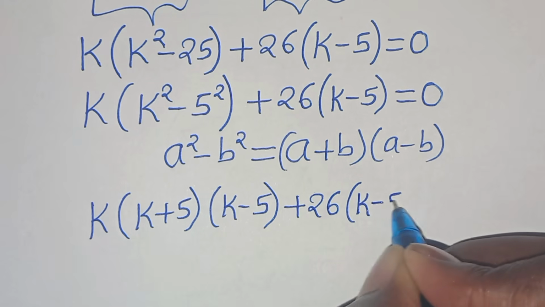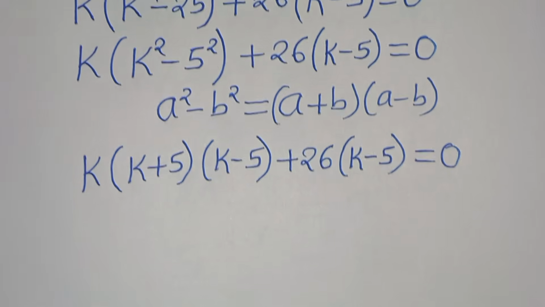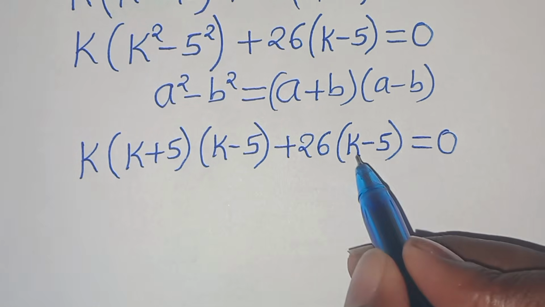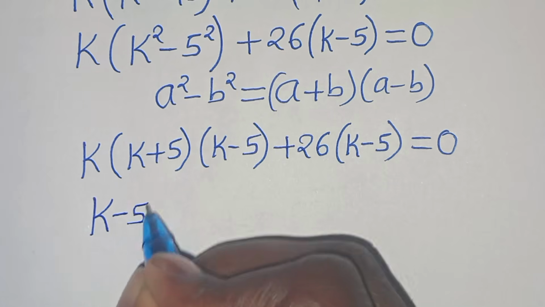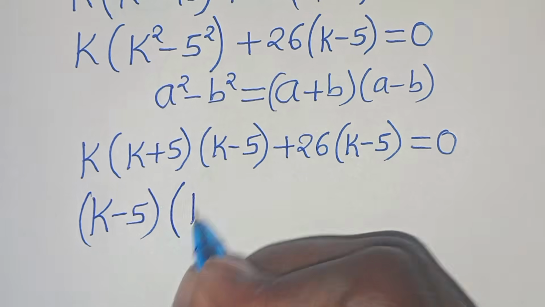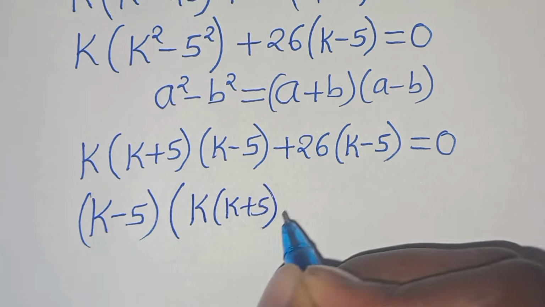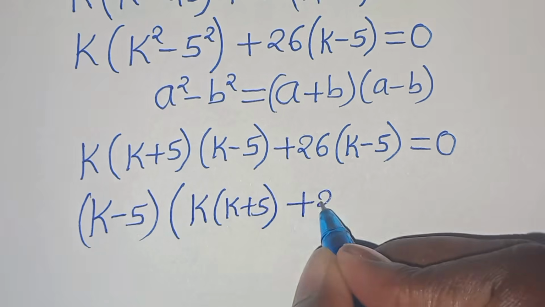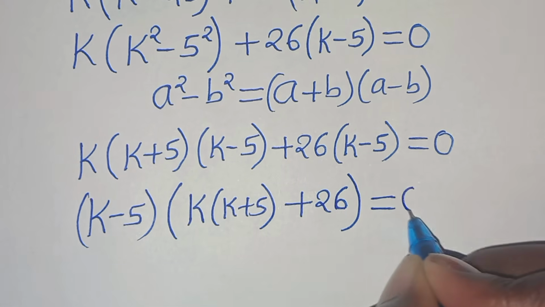This is k minus 5. This is equal to 0. We have that k minus 5 is common here, so we can factor out k minus 5 into the parenthesis. This is k multiplied by k plus 5. Then we have plus 26. Close the parenthesis. This is equal to 0.